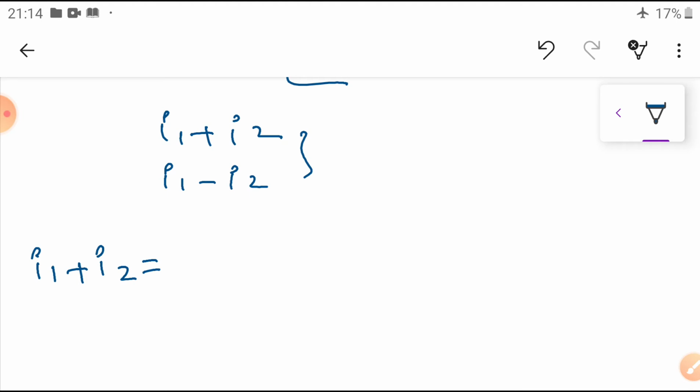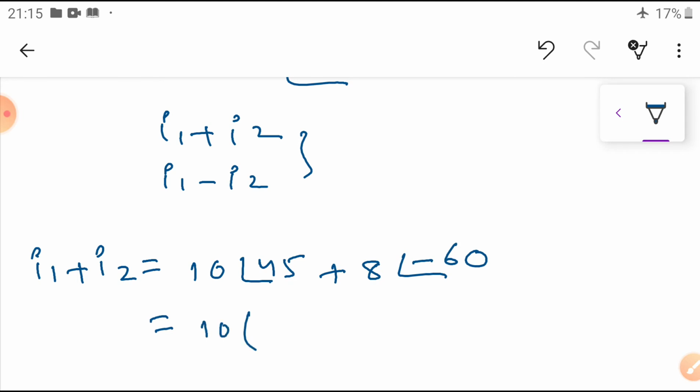What is that? I1 is equal to 10 at an angle of 45, plus 8 at an angle of minus 60. So you convert it to that form. So 10 cos 45 plus j sin 45. Now, plus, this is over.